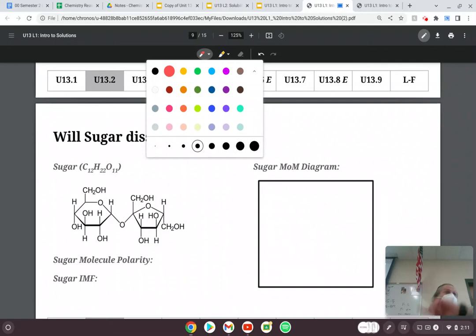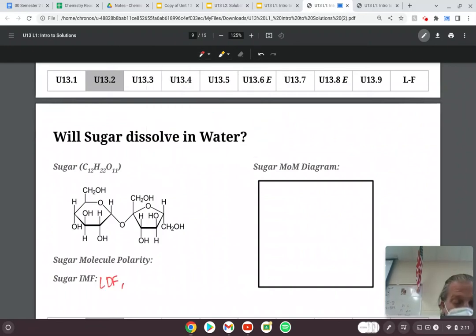London dispersion forces. Another guess? Hydrogen. Yep. So we have London dispersion forces, we have hydrogen bonding. London dispersion forces simply because it's a covalent compound, hydrogen bonding because there's a lot of O's bonded directly to H's.